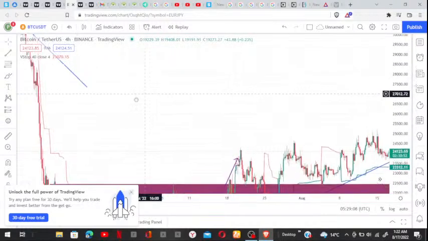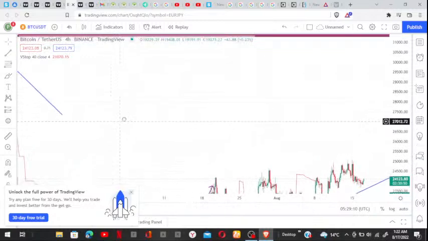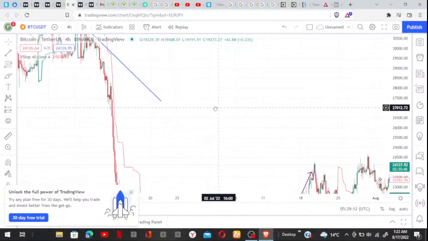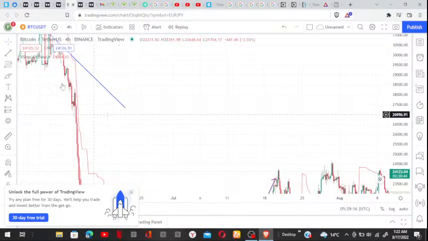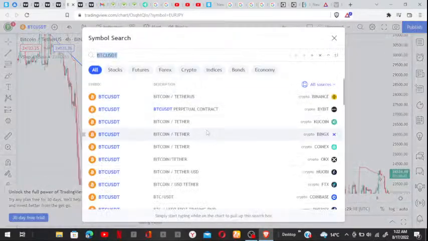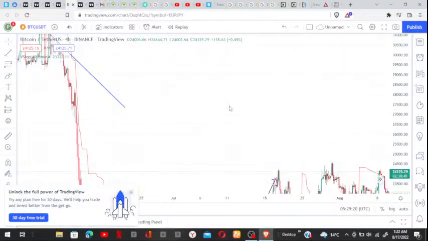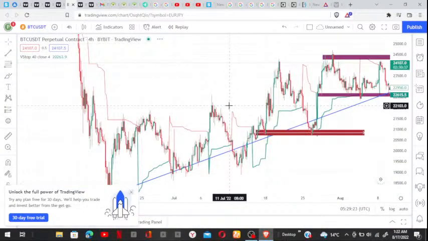So for me, if at all Bitcoin decides to break out, then this will be my level. Let me just go back to the chart that I analyzed initially. I hope it is this one. Yeah, so this is it.